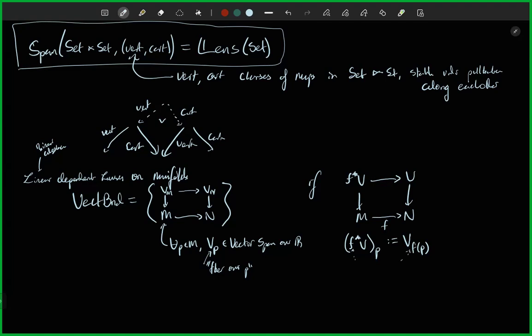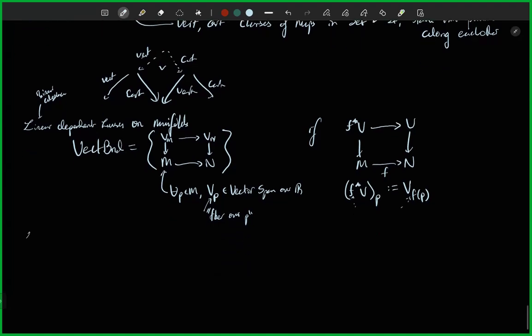Okay. So in particular, an example of a vector bundle is the tangent bundle. The fibers are the tangent spaces.